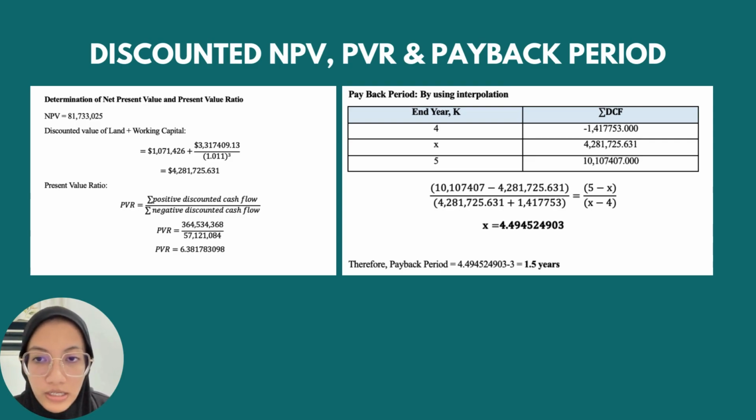So in order to calculate the discounted value of the cash flow, we have to add the discounted value of land plus the discounted value of working capital.